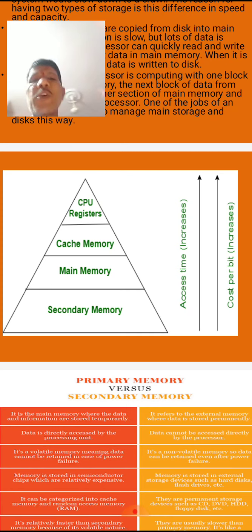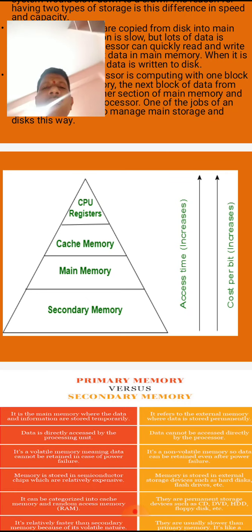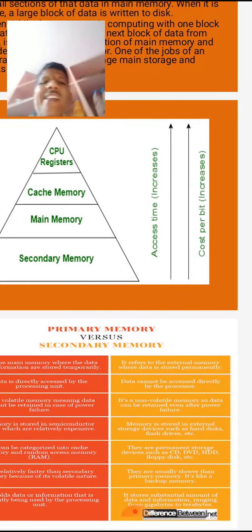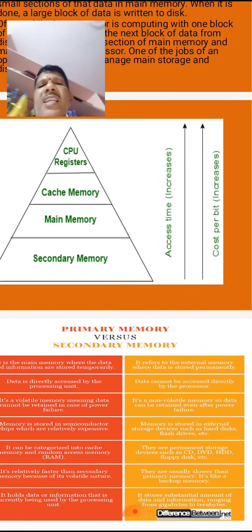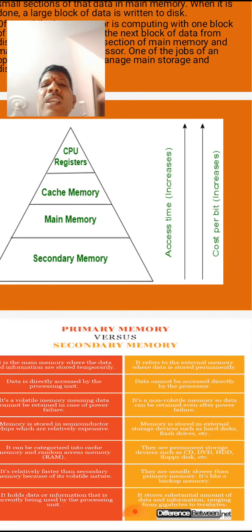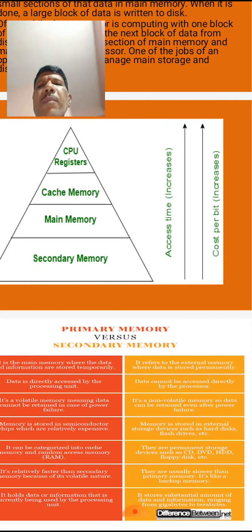Then cache memory, compared with the CPU registers, is slower, but cache memory also has a very high access speed. Then next comes main memory, then secondary memory. This is the hierarchical access, which means access time increases. CPU registers are very fast, cache memory is slower than the CPU registers, but main memory is fast compared with secondary memory, and secondary memory is the last one.